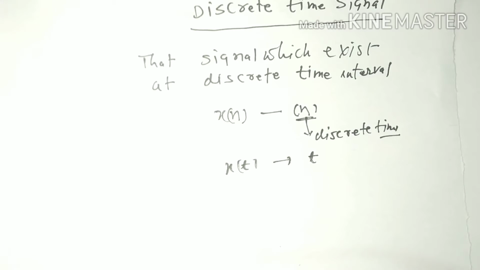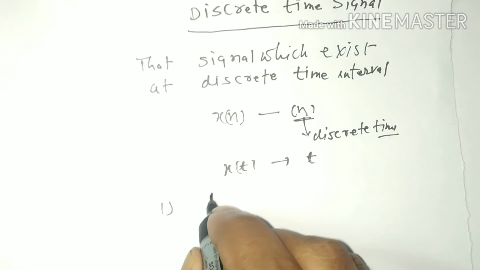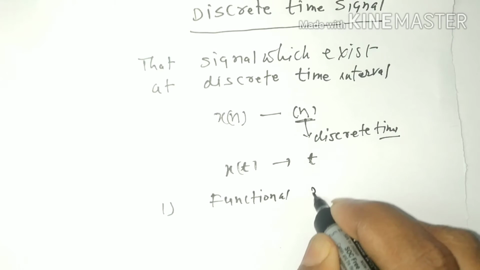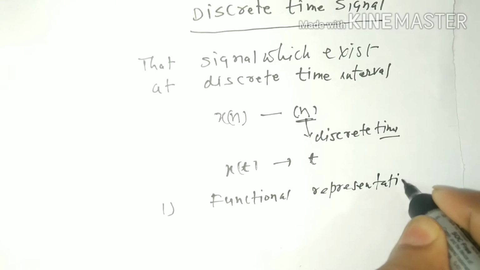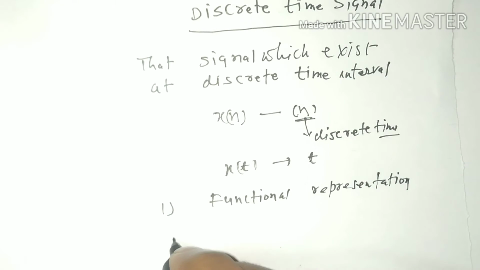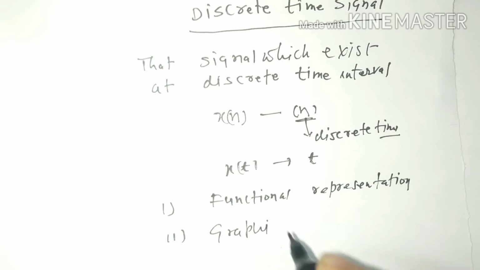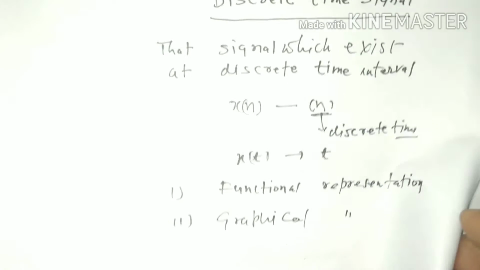So how can we represent a discrete signal? A discrete signal can be represented in four types. Number one, functional representation. Number two, graphical representation.